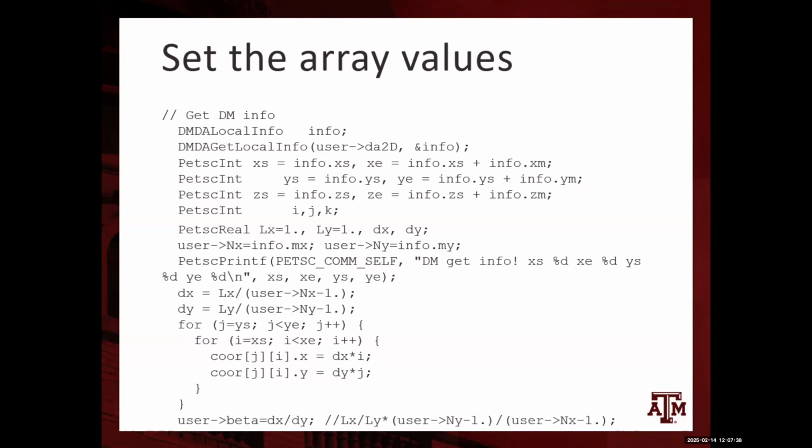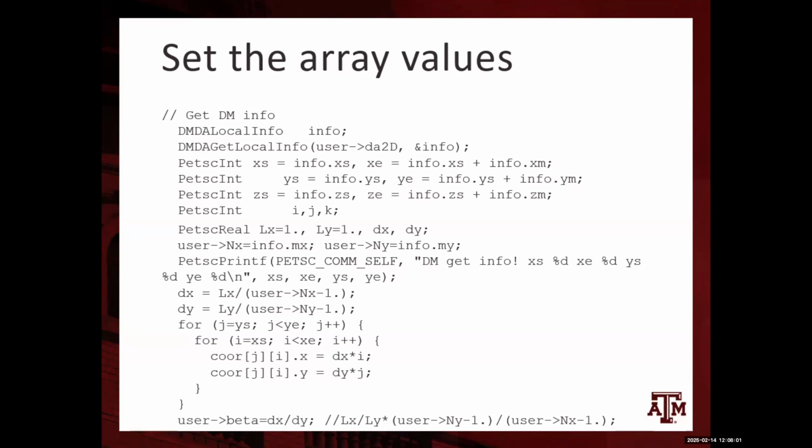So when I'm using DM get coordinates on the DA 2D object, I've not set the coordinates. So is it just allocating memory to the vector? Yeah. And then when I use DM get coordinates onto G code, G code just has garbage values in the vector. Exactly. That you need to set. So you're setting these values.